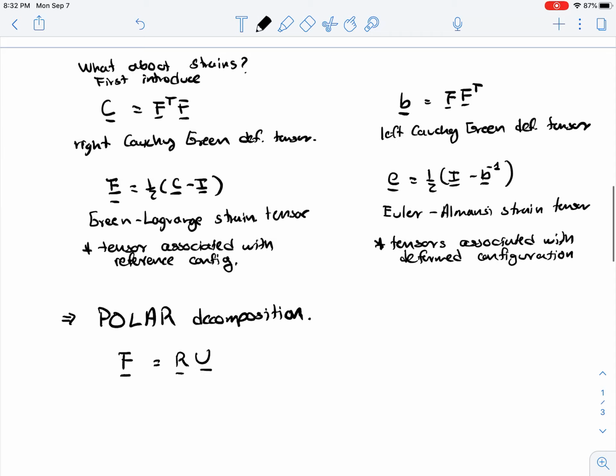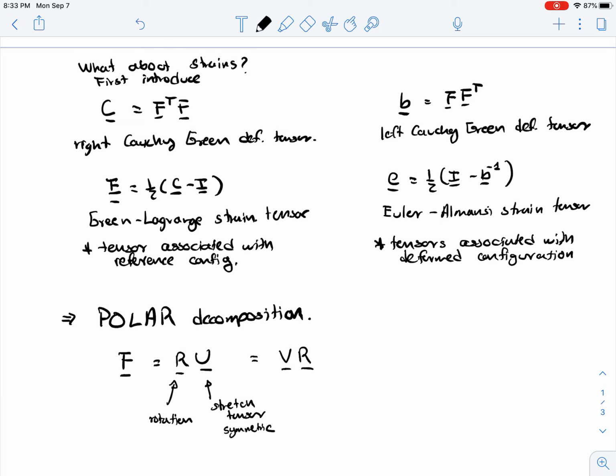So first, F can be split into a rotation and a stretch tensor. So this is called a stretch tensor, and this is a rotation. So this is a symmetric positive definite tensor, and this is just an orthogonal tensor, a rotation.